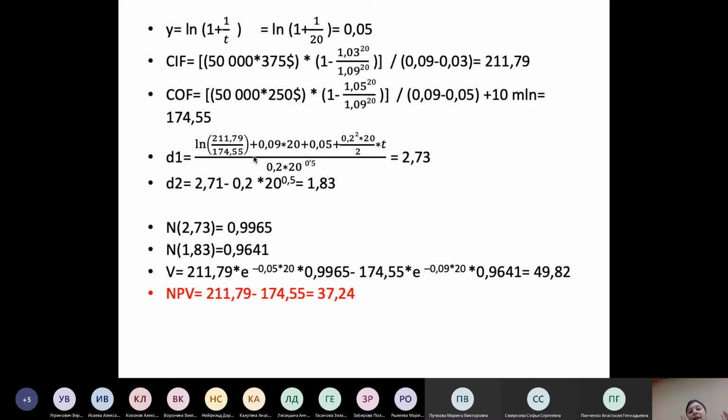And in the context of our real option, the value of the project is 49.82, and as for net present value in the absence of our option, net present value equals 37.24.